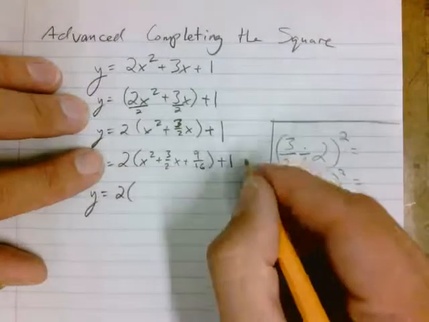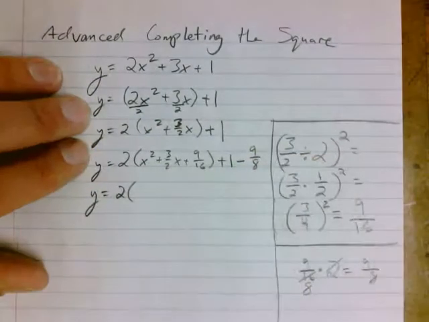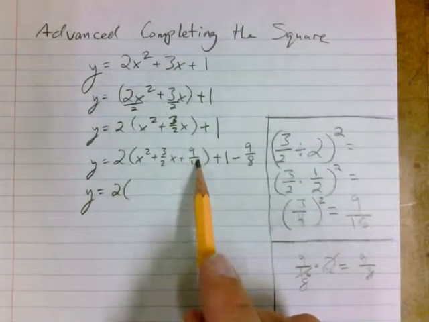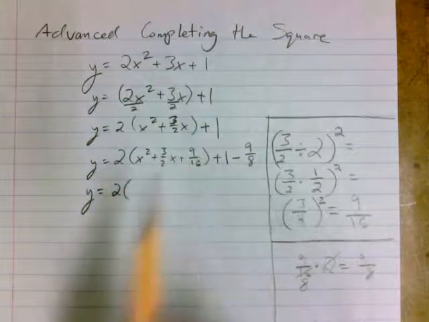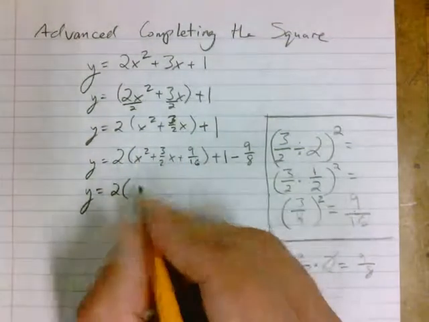So I'm going to subtract 9 over 8, because we always subtract when we add to the problem. And what we added was 9/16, but really it's 2 times 9/16. That's why I did this operation over here.